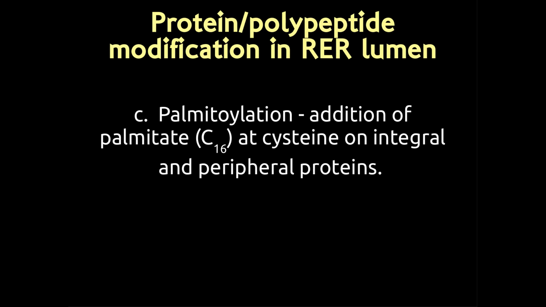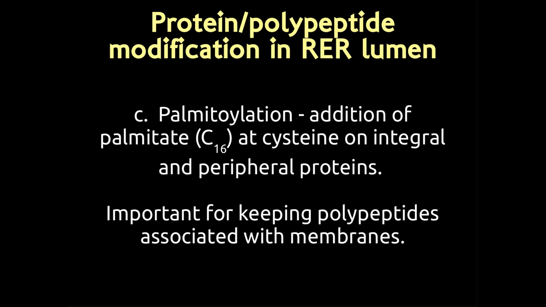This addition of the palmitate, which is a fatty acid, will help to anchor peripheral or integral proteins into the membrane. So this is important for keeping these polypeptides associated with those membranes. You stick a lipid on them, and that lipid then can integrate into the membrane and hold it there.